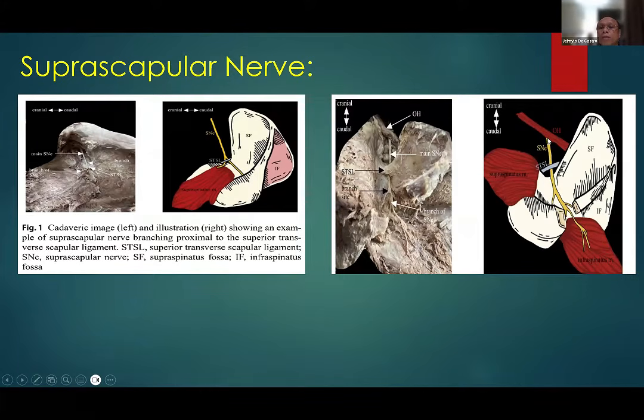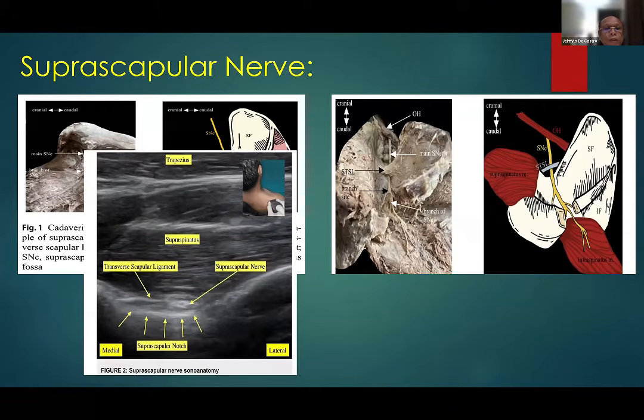Initially it arises from the upper level, emerges into the supraspinous fossa, and then goes into the infraspinous fossa, passing through a groove at the spine of the scapula. That is how these nerves come into play as they innervate the supraspinatus and infraspinatus muscles.